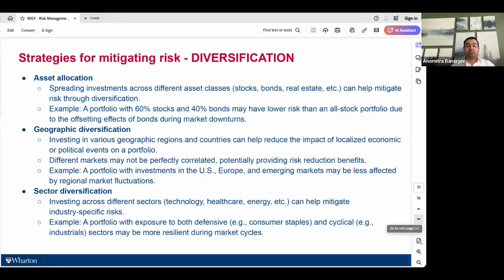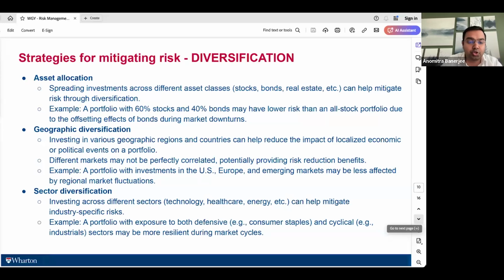And the answer is, of course, diversification. Within diversification, there are a few things that you could do. One of them is asset allocation. You spread your investments across different asset classes, which can mitigate risk through diversification. So don't put all your money into stocks. What if tomorrow the market crashes?